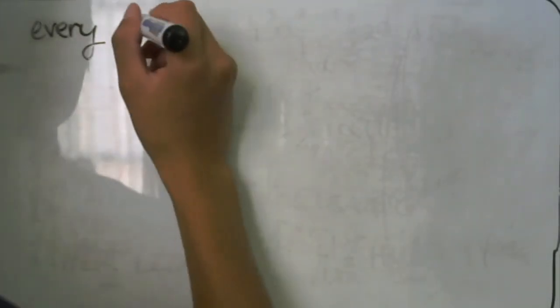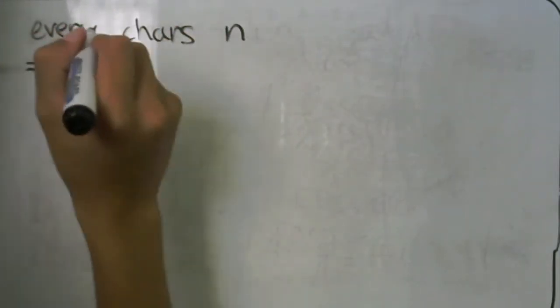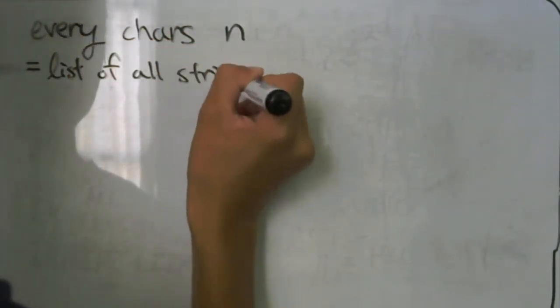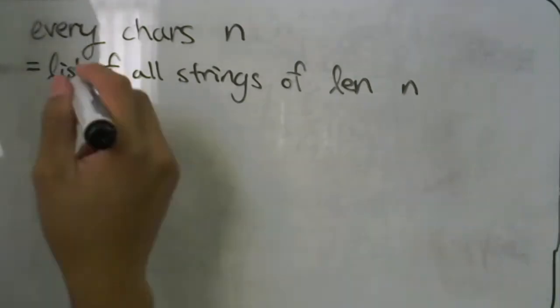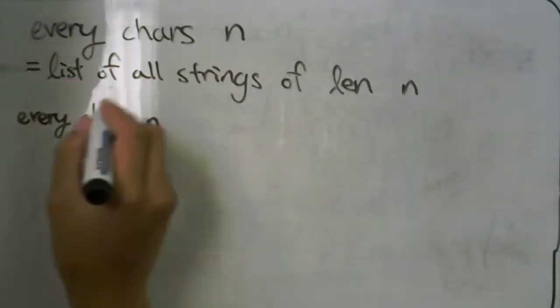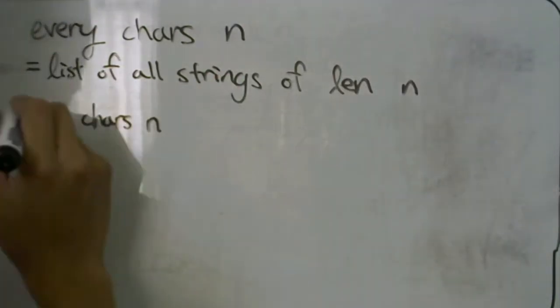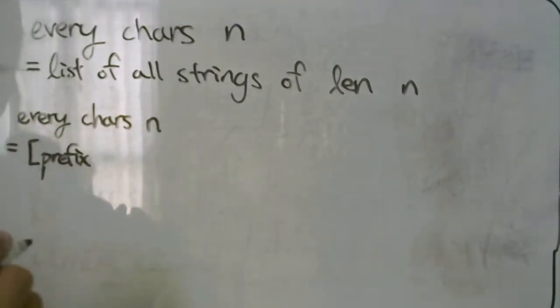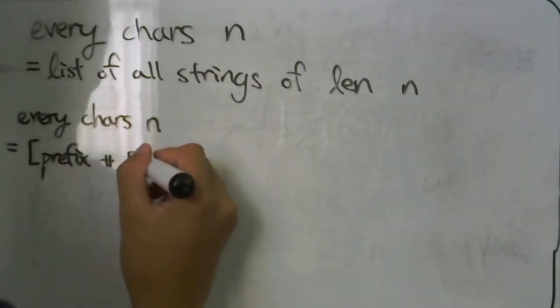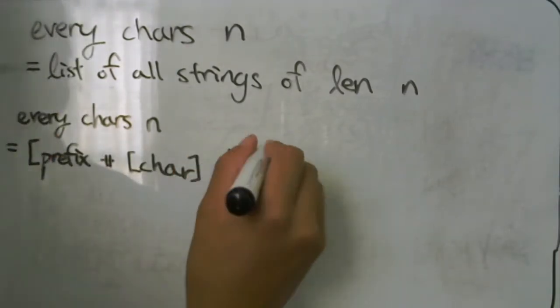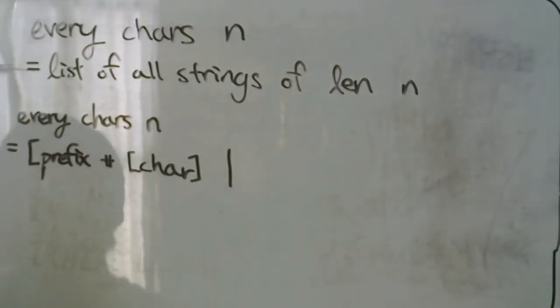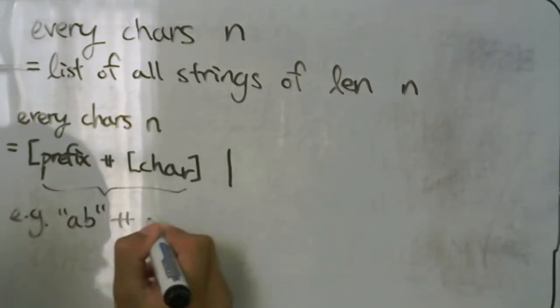Let's write this in code. We're going to call the list of all strings of length n every cars n. So this is a function called every, which takes in two arguments: cars, our character set in a list, and n, which is the length that we want. Now we're going to write this in Haskell, but it's going to look pretty much exactly like how I explained it earlier, where we would take a list of all strings of a smaller length and then put individual characters on the end.